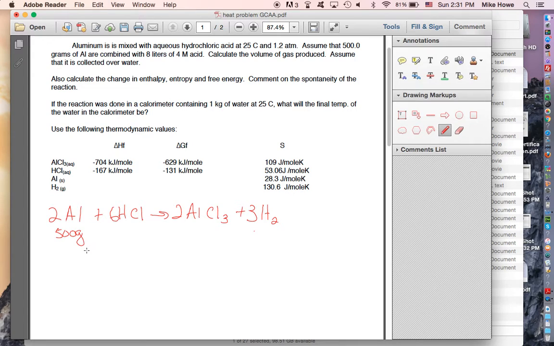So I'm opening up my calculator on my cell phone, and I'm going to do 500 times 1 mole over 27 grams, because 27 is the number of grams in a mole of aluminum. So I have here 18.5 moles of aluminum. For the acid, we're told that there are 8 liters, and there are 4 moles per liter. So we're really looking at 32 moles of HCl.